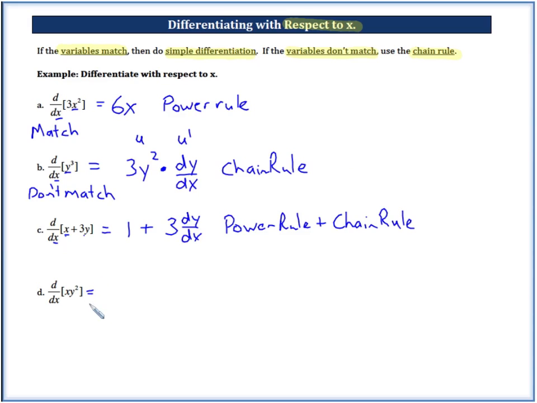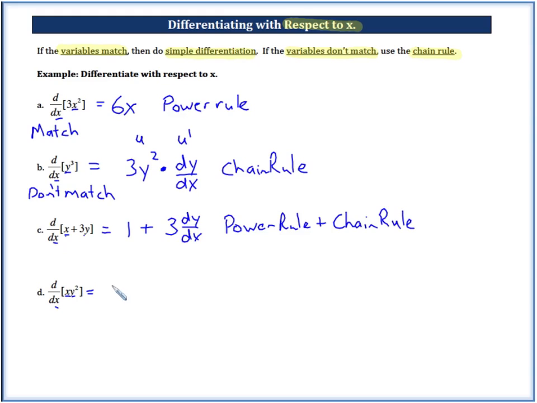Moving on to our next example. Here we have the derivative with respect to x of x times y squared. So x times y squared. Here we have two functions. Notice one of them, the variables match, and then the other one doesn't match. So in this case, we're actually going to have to use the product rule because we have a product of functions.